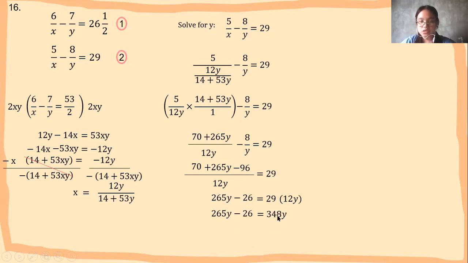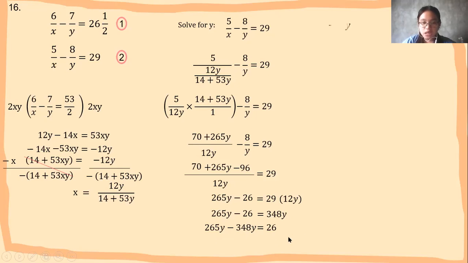Next, let's transpose the 348y into the left side. So 265y, the positive 348y will become negative 348y is equal to positive 26, because if you transpose negative 26 to the right side, it will become positive.